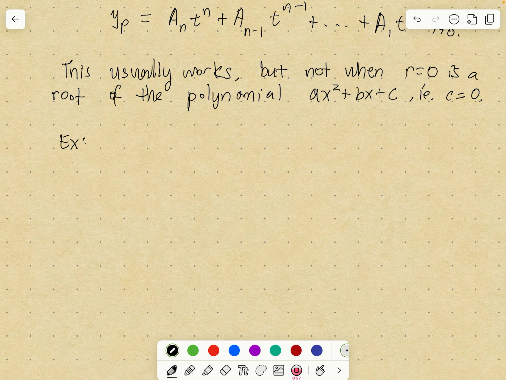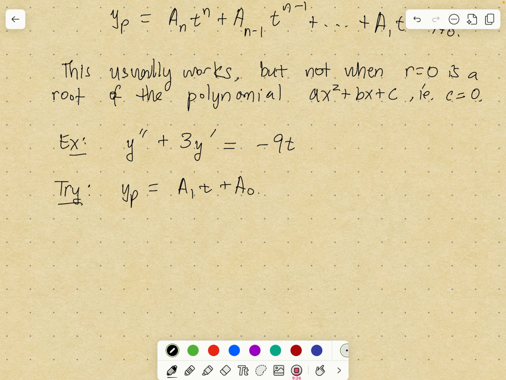So, for example, let's say that you had this differential equation, y double prime plus 3y prime equals negative 9t. Okay. So let's try using the degree 1 linear equation again. So you try yp equals a1t plus a0.